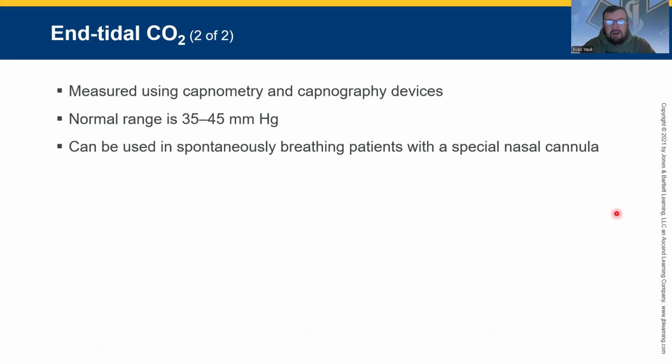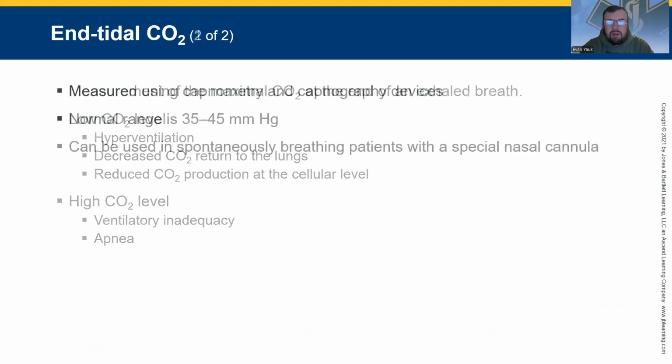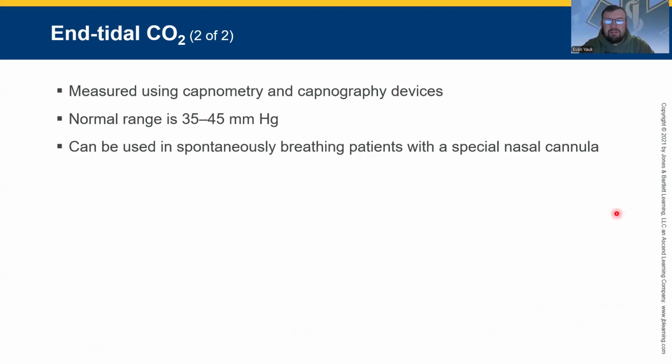It reads that CO2 for us, so we know if they are withholding carbon dioxide or blowing off too much, because remember, our body doesn't measure how much oxygen we have. Our body reacts to the carbon dioxide level, using that drive to decide if we need to take a breath, how often, and how deep.